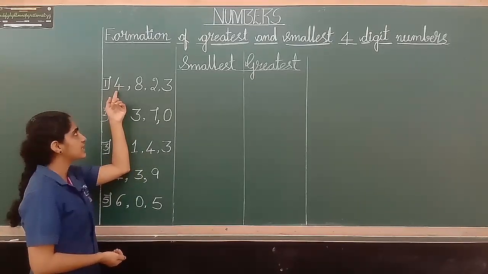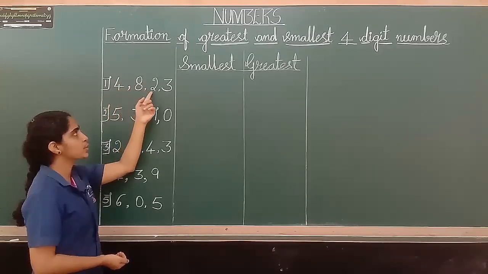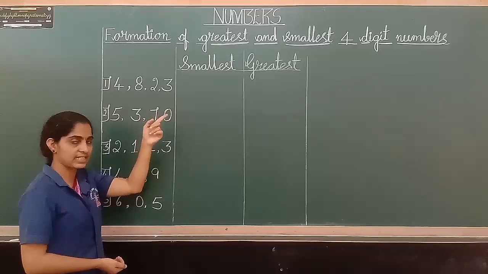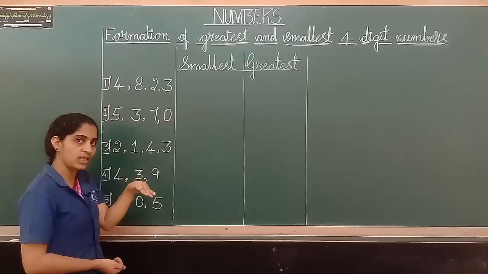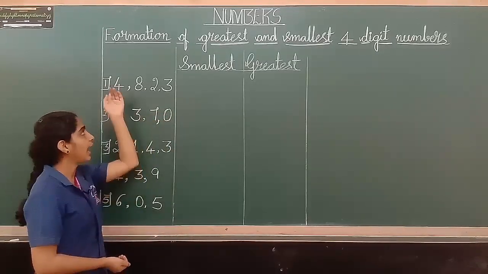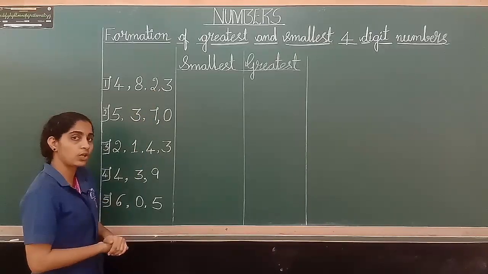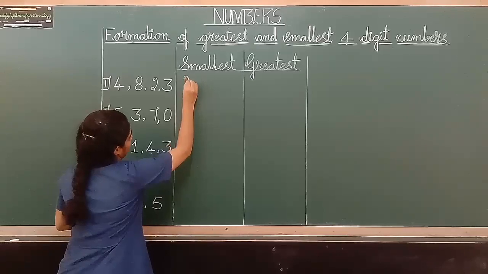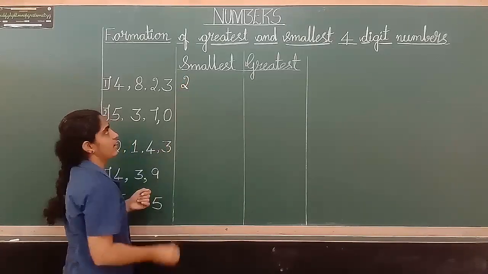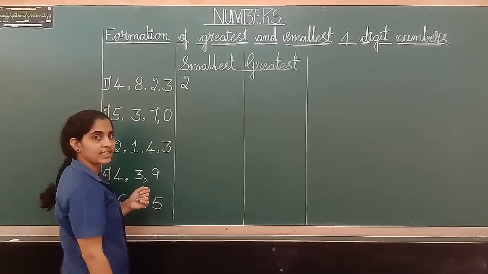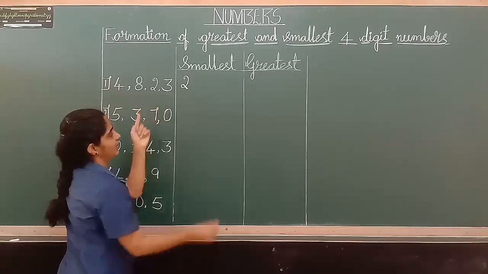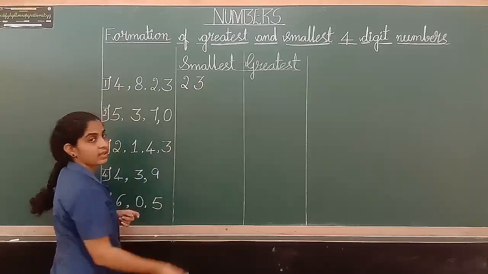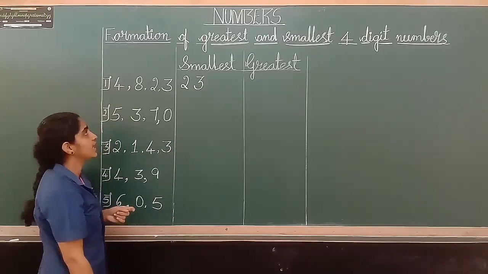We have digits 4, 8, 2, 3. For smallest, we have to arrange the numbers from smaller to greater. Among these, which is the smaller digit? Yes, 2 is the smaller digit. Which is the next smaller digit? 3. So we have to write 3 next. Then which is the next smaller digit?